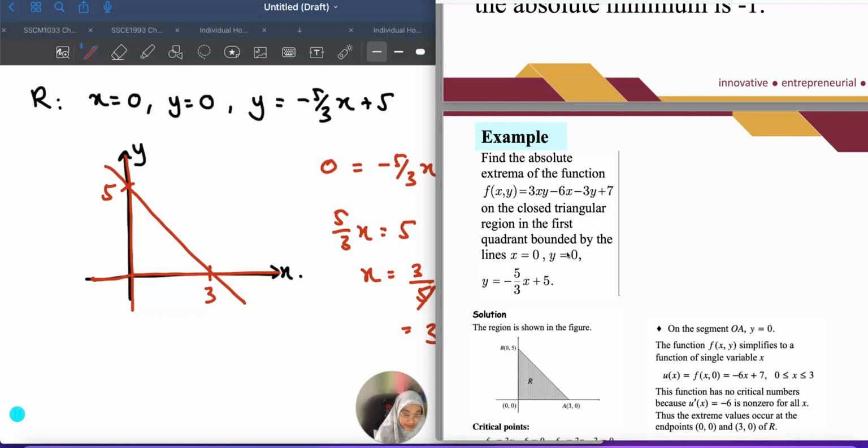Okay, so your region is a triangular region as stated here.